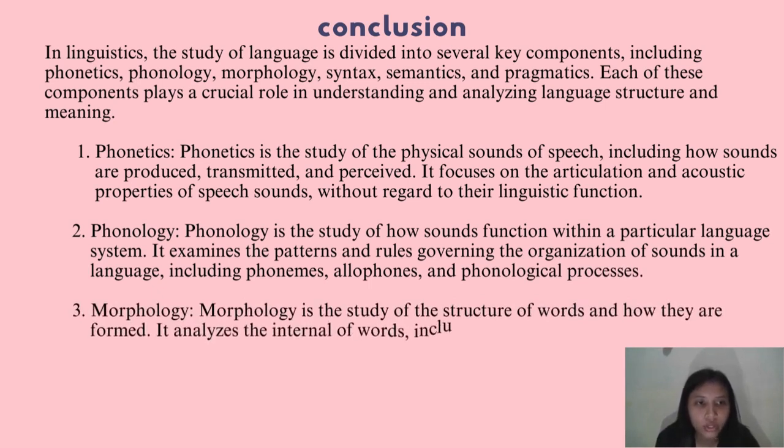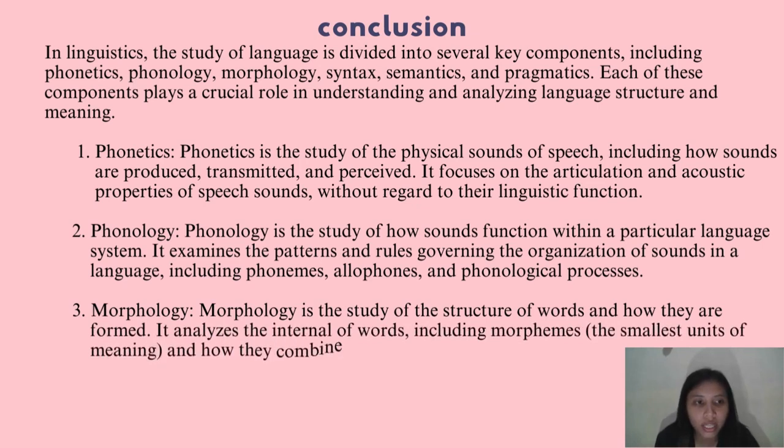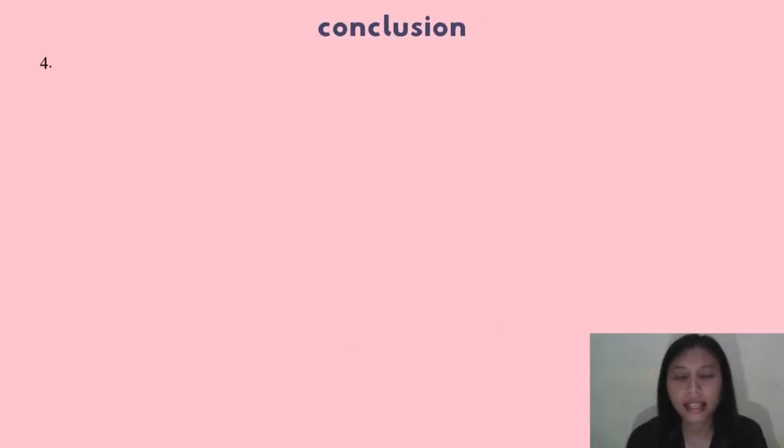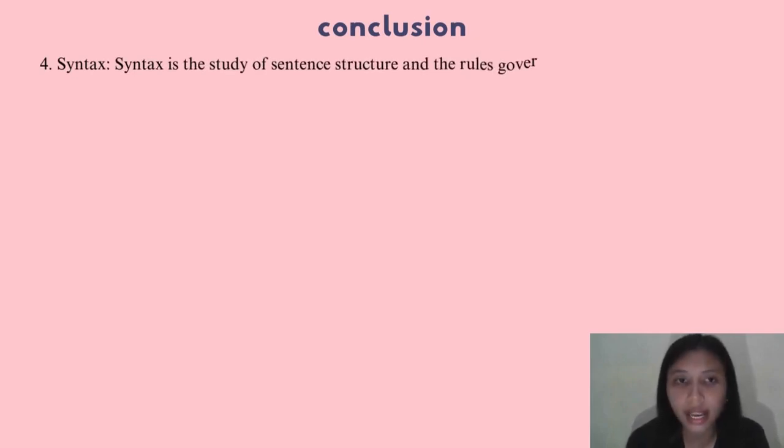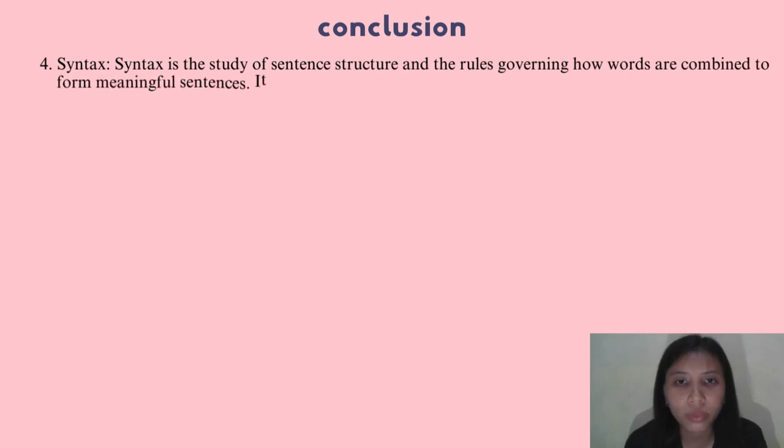It analyzes the internal structure of words, including morphemes, the smallest units of meaning, and how they combine to create complex words. Syntax. Syntax is the study of sentence structure and the rules governing how words are combined to form meaningful sentences. It examines the relationship between words and phrases in a sentence and how they are organized to convey meaning.